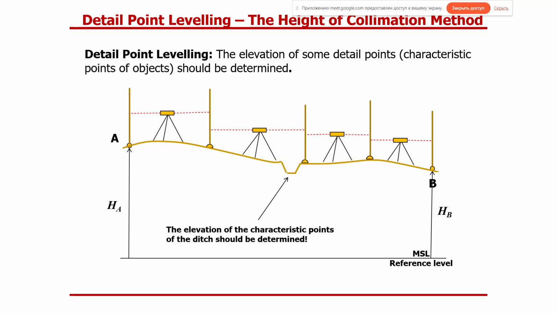Well, detail point leveling, the height of collimation method. Detail point leveling, the elevation of some detail points, characteristic points of object should be determined. The elevation of the characteristic point of the ditch should be determined.